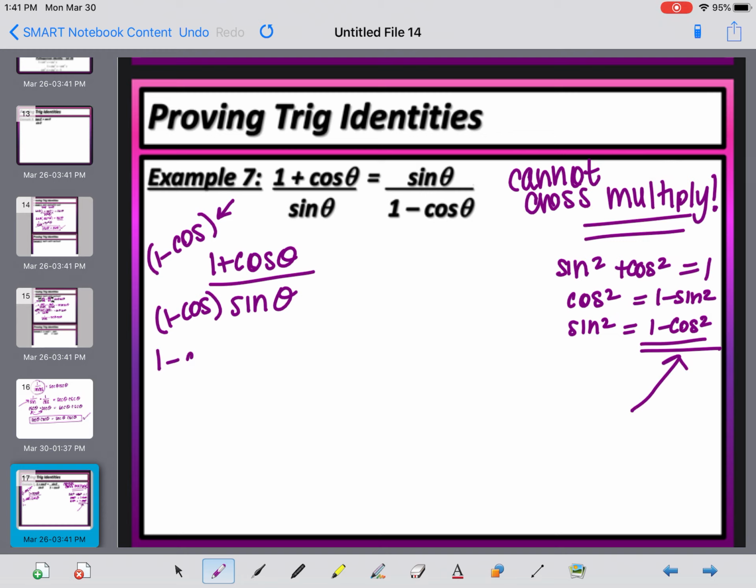When I FOIL this numerator, I'm going to get 1 minus cosine plus cosine minus cosine squared. So that is the factor that's going to leave me with 1 minus cosine squared in the numerator that I need, because that's a Pythagorean identity.